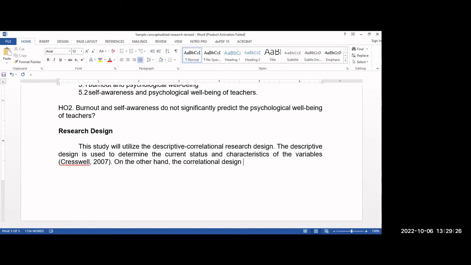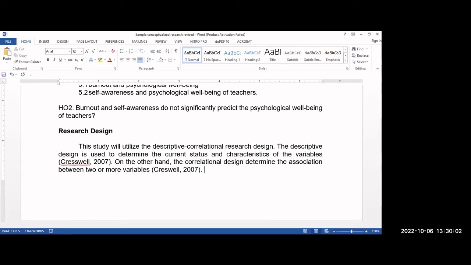So you have to include them. Determine the relationship, determine the association between two or more variables. So you can cite the author. Sikat naman talaga ito si Creswell. Okay, something like that. Then what's the next question?